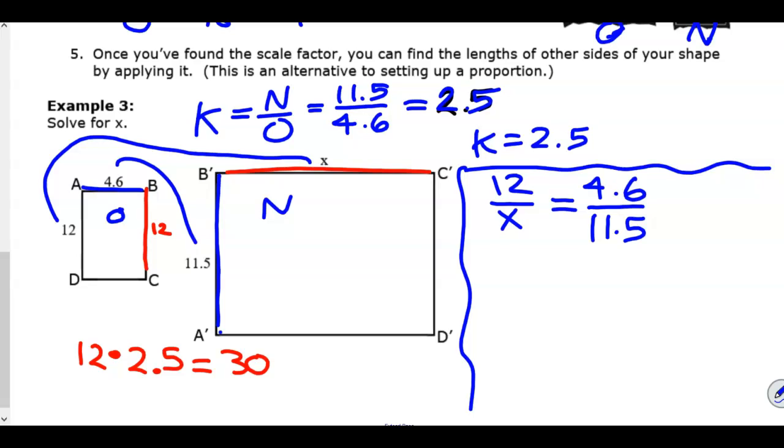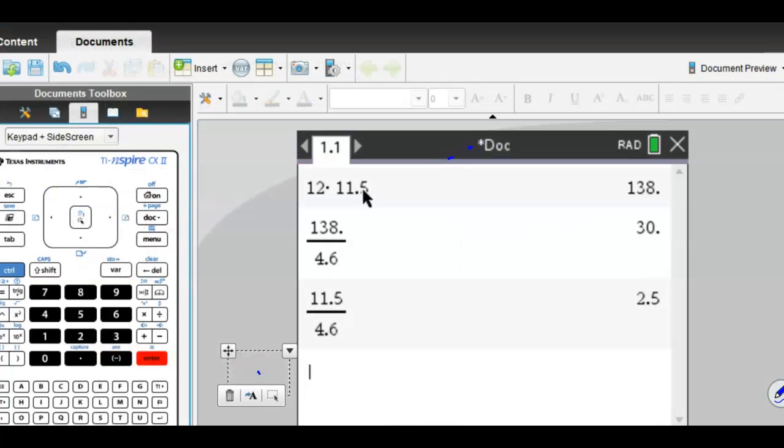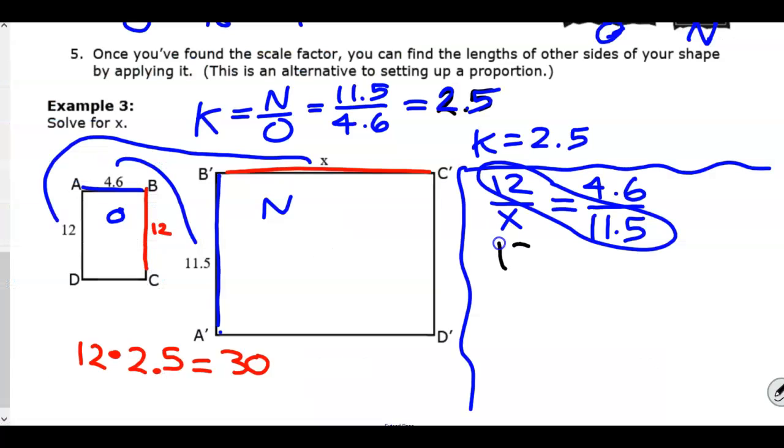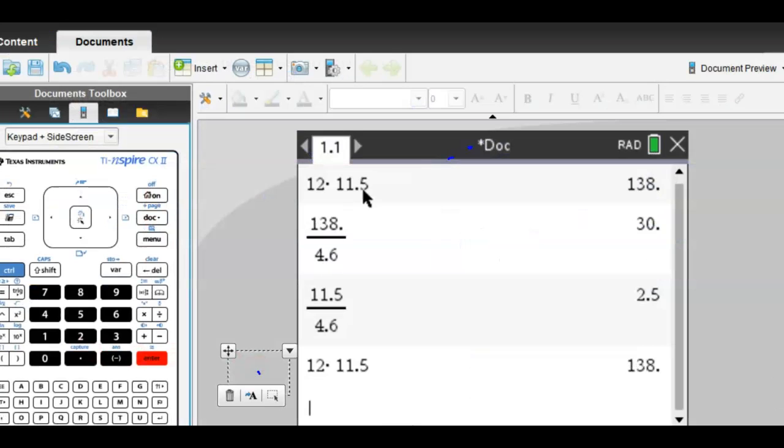Okay, so let's do that. 12 times 11.5, 138, equals 4.6 times x, 4.6x, and then we want to divide by 4.6.